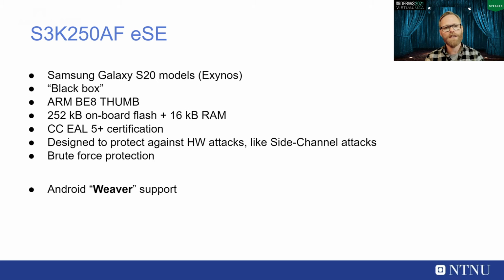And to be able to do that, it has its own brute force protection to protect against the rich execution environment bombarding it with challenge attempts. This feature, where this external secure element chip protects this key material, is what Android refers to as Weaver support in their code.